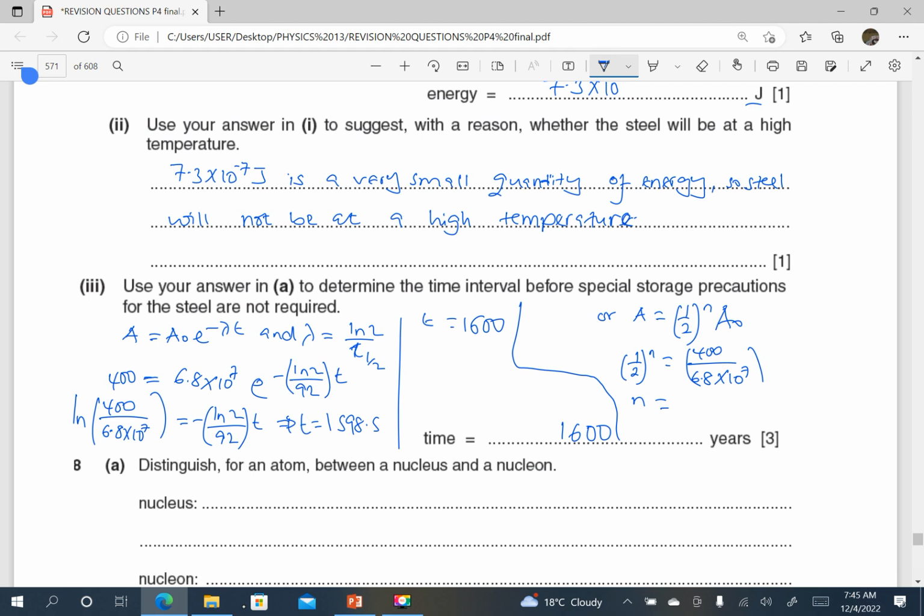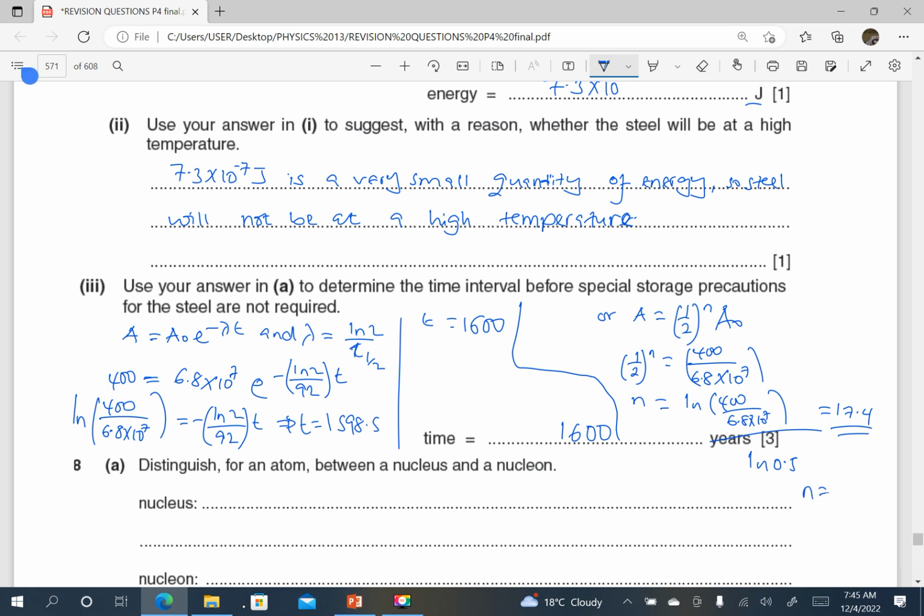So what is n? I'm introducing ln both sides. So this will be ln of 400 over 6.8 times 10 power 7 divided by ln of 0.5. So n is 17.4.